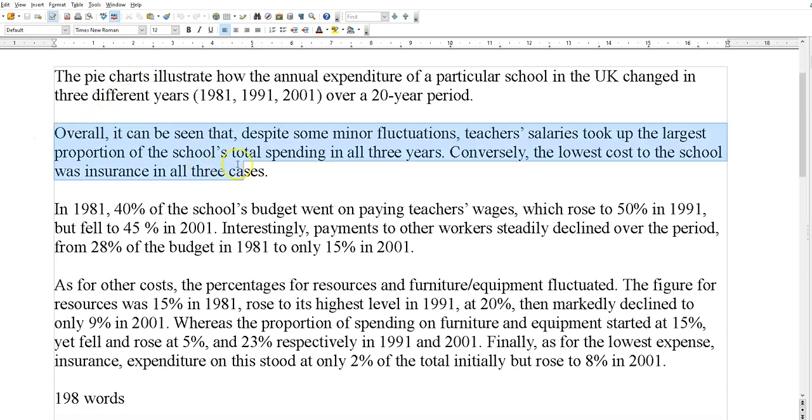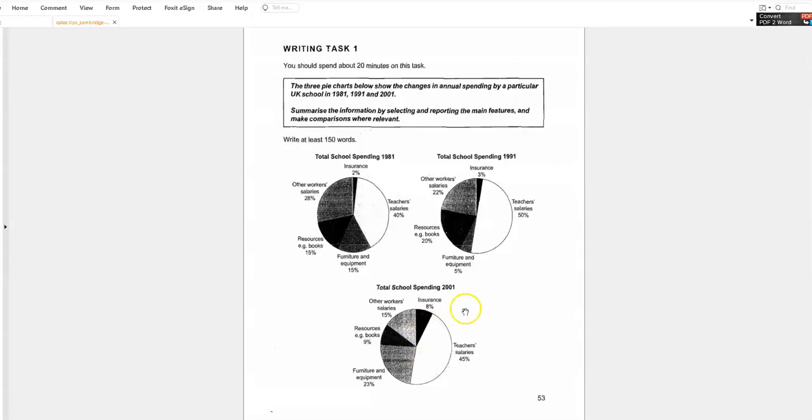Now, overview though. As we'll see, the main cause of expenditure was teachers' wages or salaries, 40%, 50%, 45%. Then you usually go, what's the biggest, what's the smallest, or rank them from biggest to smallest. So teachers' salaries the biggest, insurance obviously the smallest, despite a bit of a gain at the end, but in general terms it's the lowest over the period.